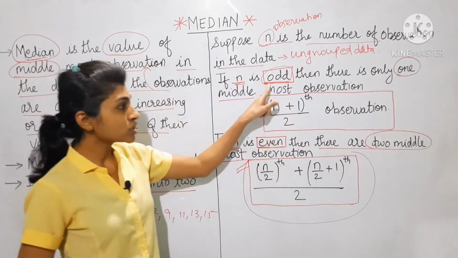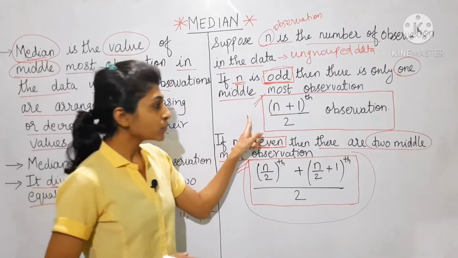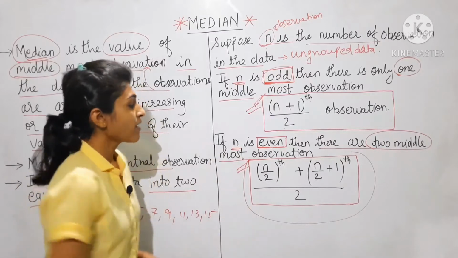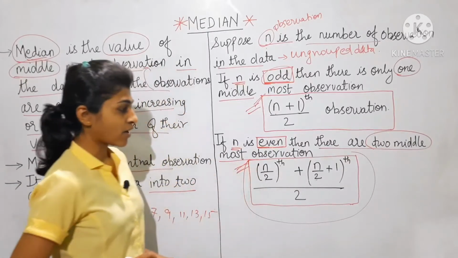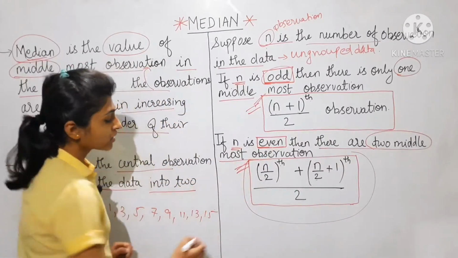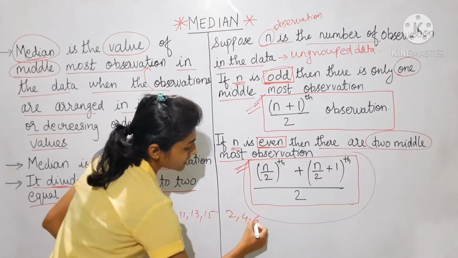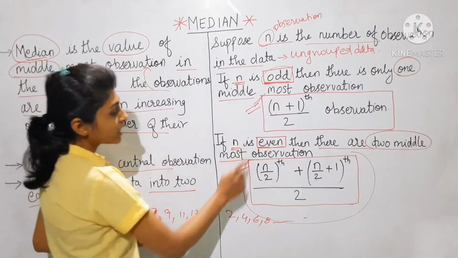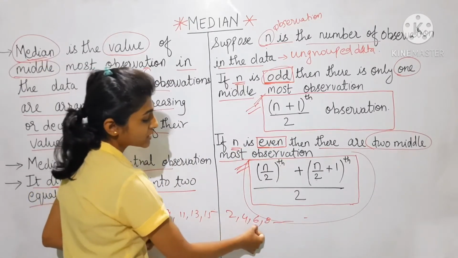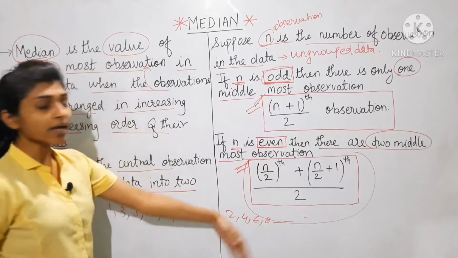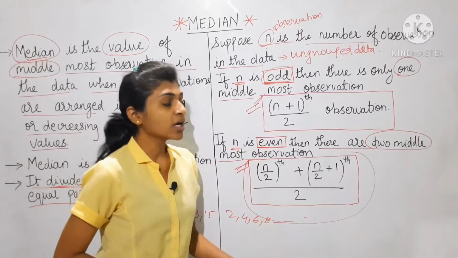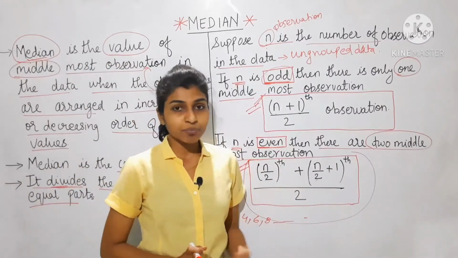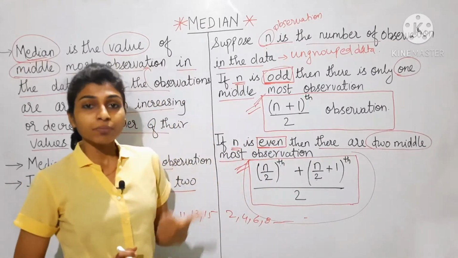If the number of observations is odd, we use the first formula, and if it is even, we use the second formula. Even numbers are like 2, 4, 6, 8 and so on. So just remember, to calculate median it is very important to count the observations.